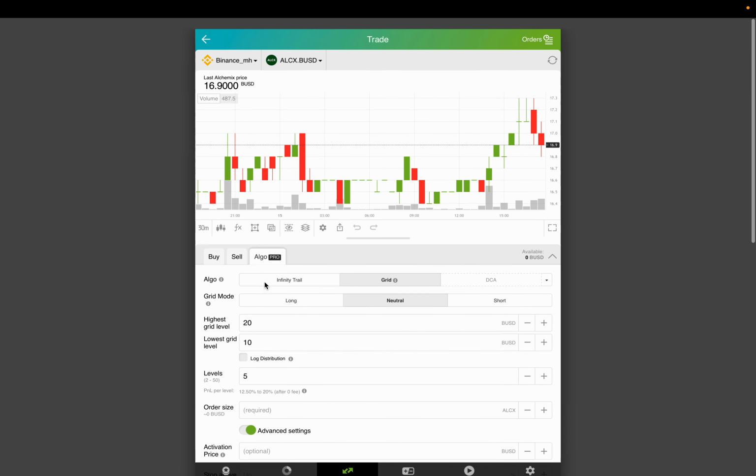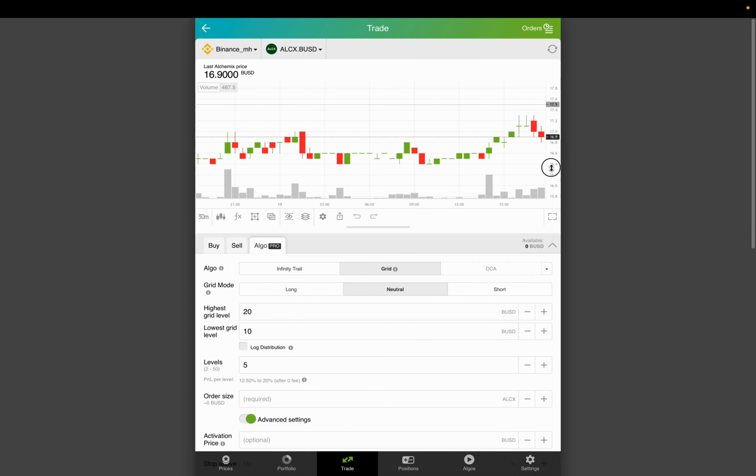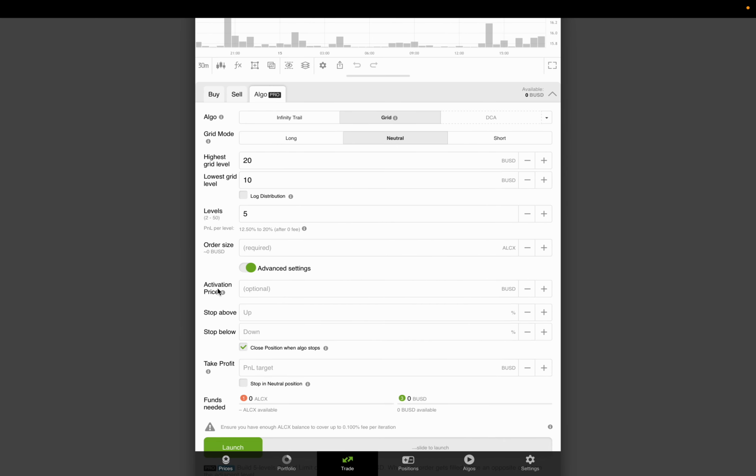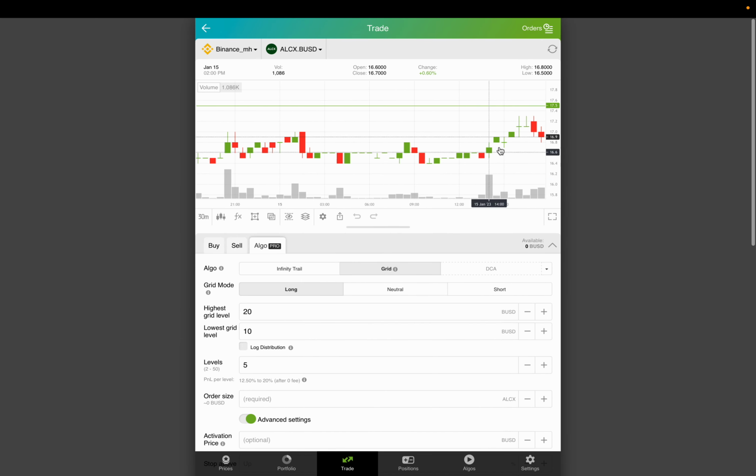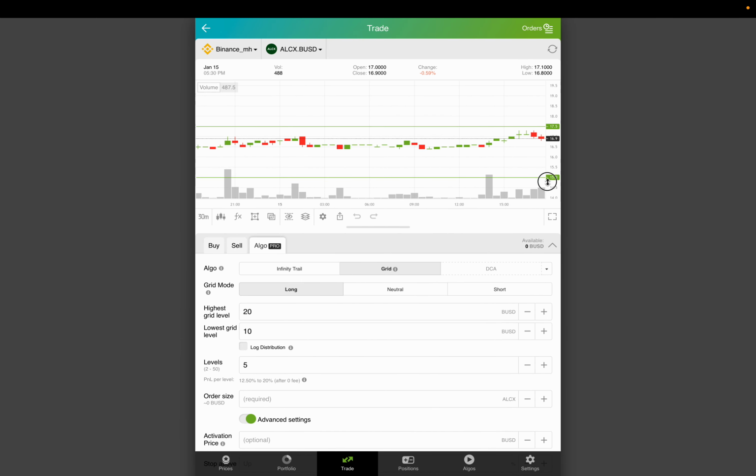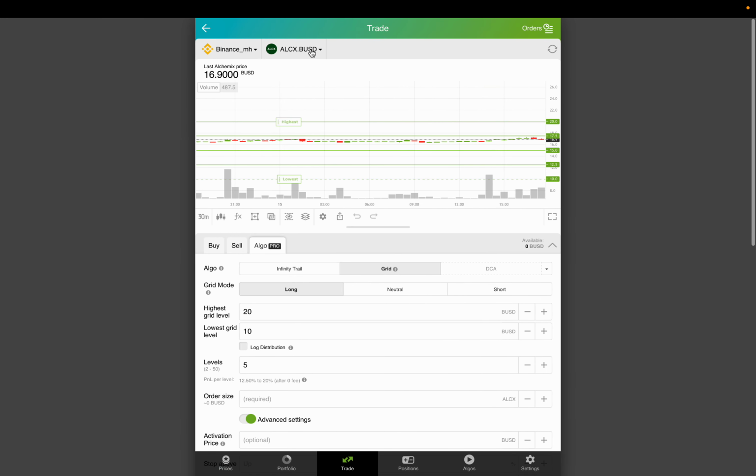However, if you're placing a long grid, as you will only be placing buy orders, you don't need that coin. You only need to use BUSD in this case, the quoted currency.